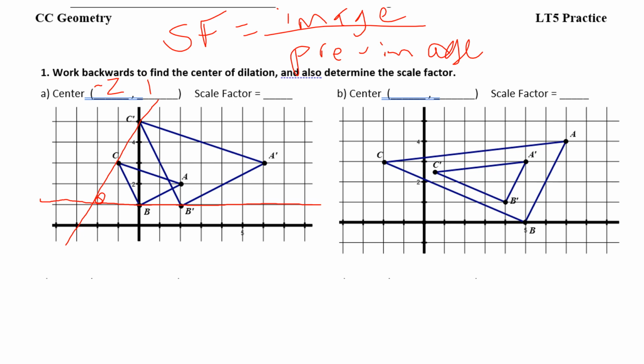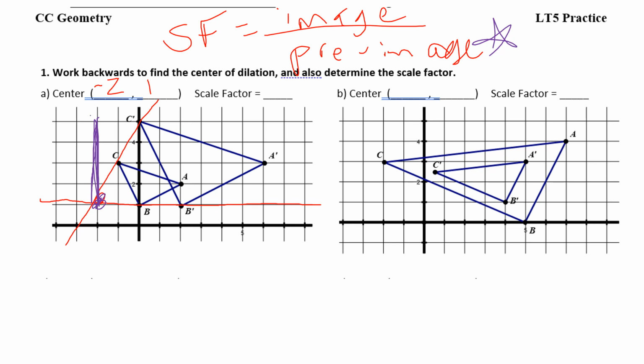Now to get my scale factor, this is where I need to focus on image over pre-image. I always start counting at the center. And then it doesn't matter if you count to B, C, or A. They'll all give you the same thing. I'm going to pick C prime just to show you that it does not matter in which direction you count, and you don't have to count in both directions. So what I mean by that is C prime to the center.